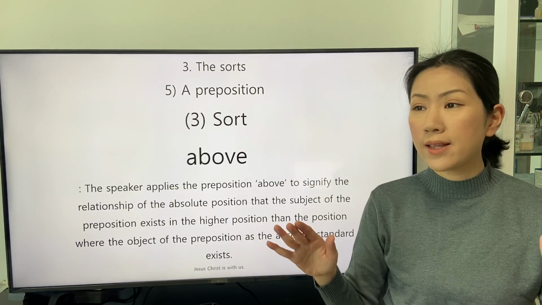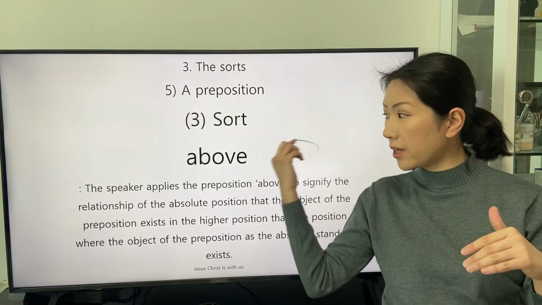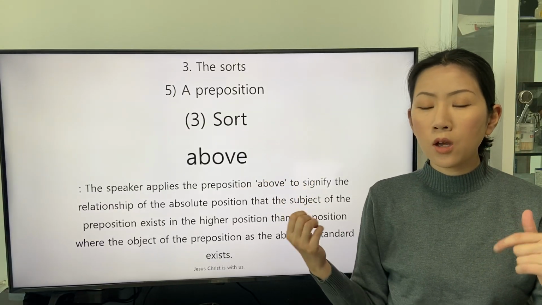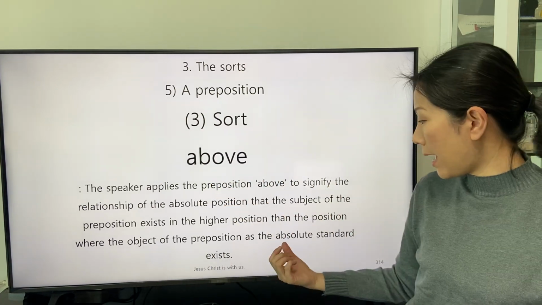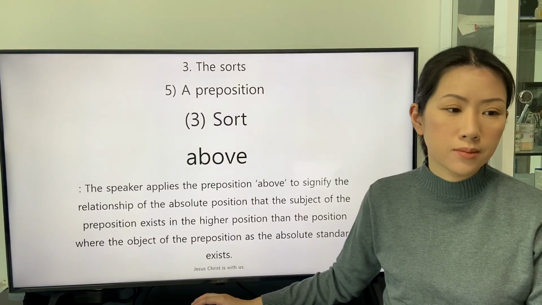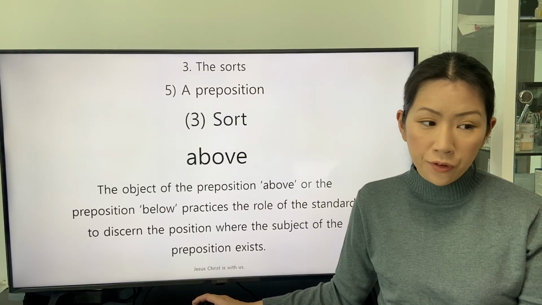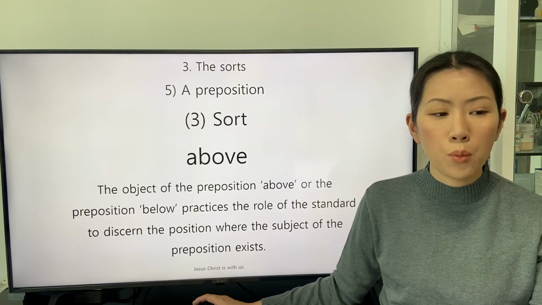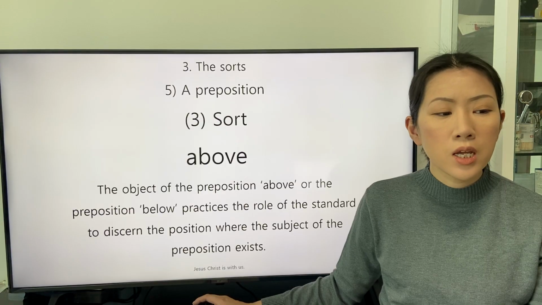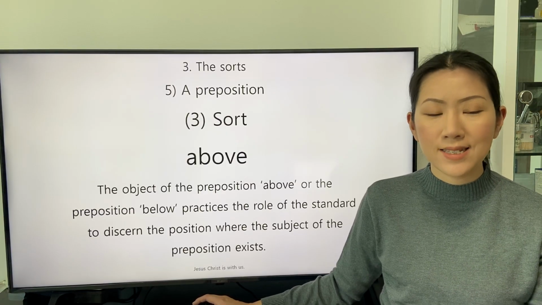The speaker sets the object of the preposition above as the absolute standard. The object of the preposition above or the preposition below practices the role of the standard to discern the position where the subject of the preposition exists.